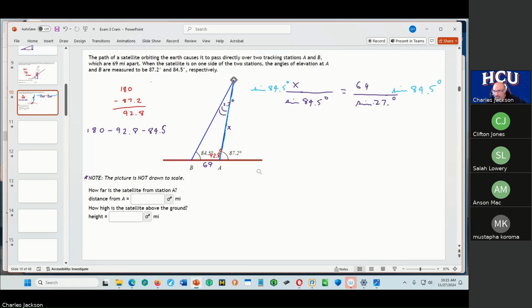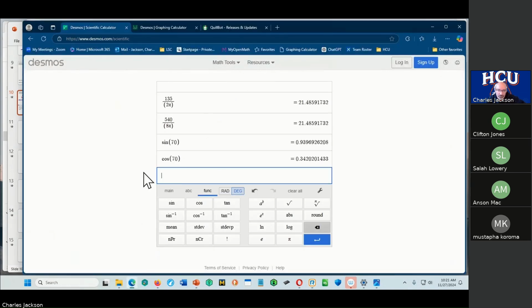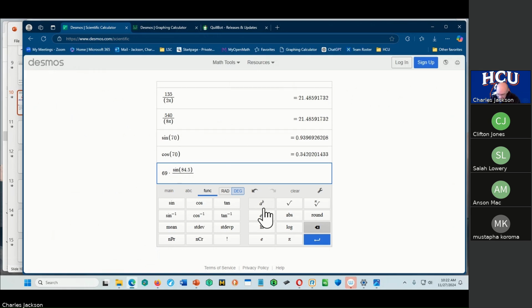Got the decimal point in the wrong place. 69 times sine 84.5 divided by... we'll have to ask ourselves whether that's a reasonable answer also, once we get this answer, which, well, don't want to prejudge.